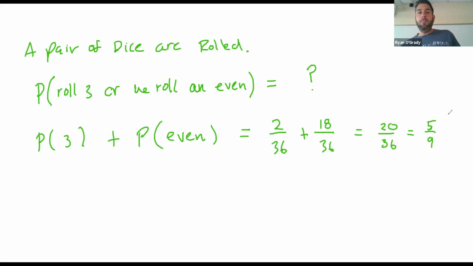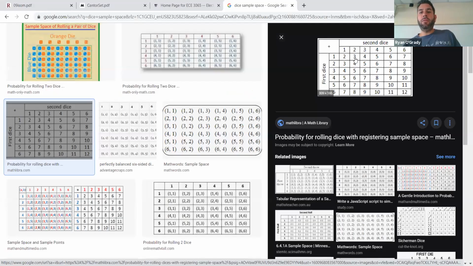Now, let's go back to our picture and see if we can count all these at the same time, and see if we have any errors. So we have a probability of a 3 and an even. In the first row, I have 1, 2, 3, 4, right? So I have 4 in the first row.